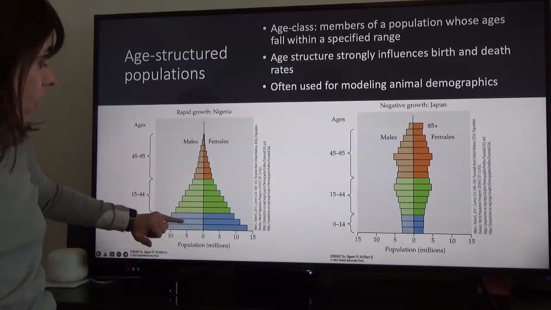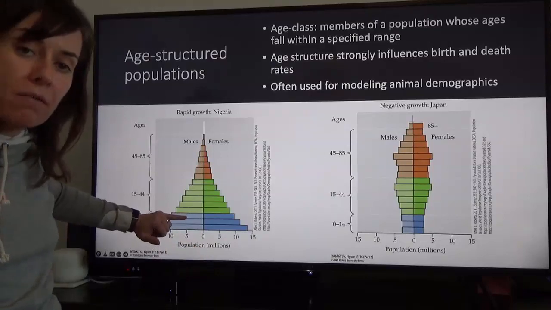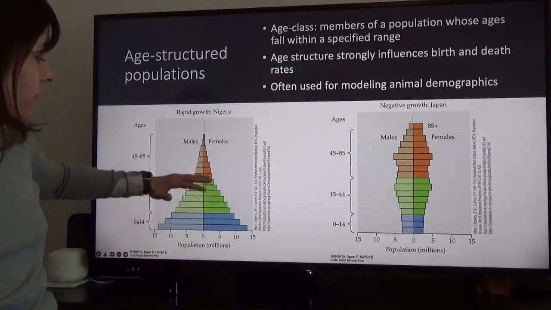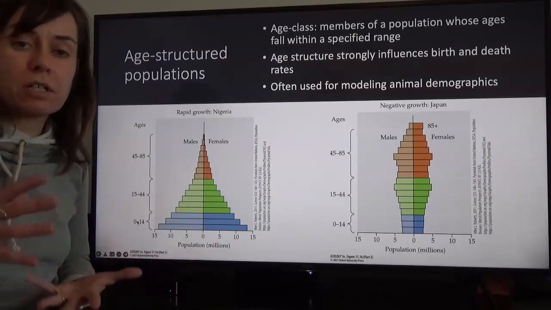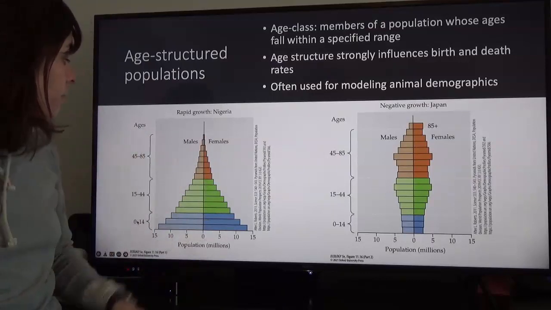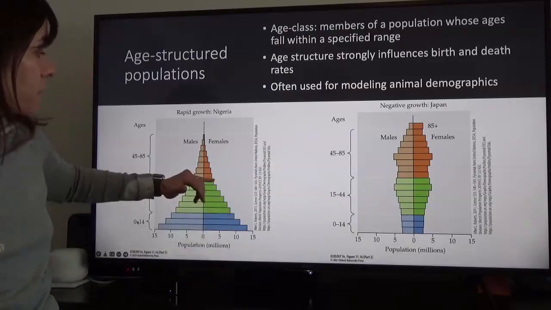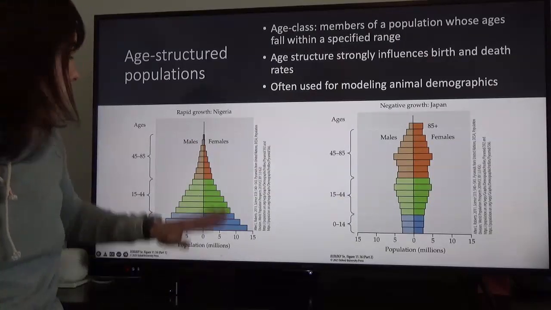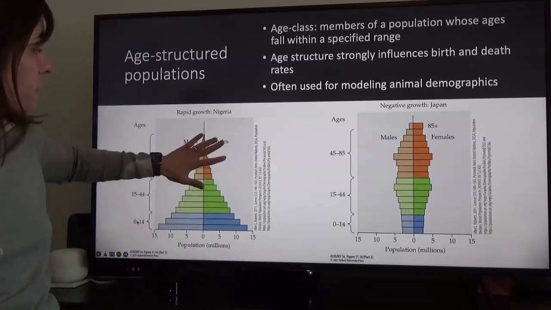All the blue bars are pre-reproductive, so juvenile. All of the green bars are within the reproductive age class, and all of the orange bars are within the age class beyond which reproduction typically occurs for males or is possible for females.